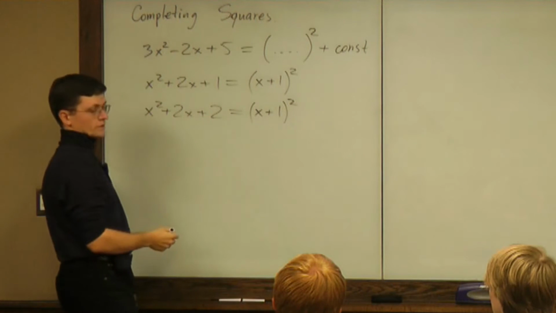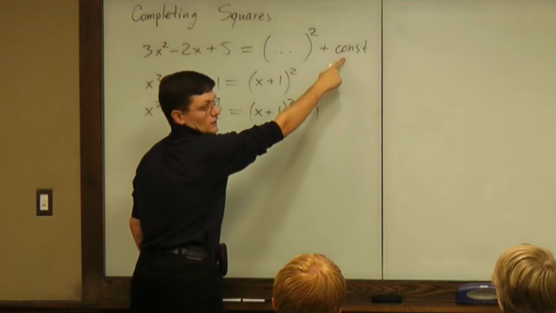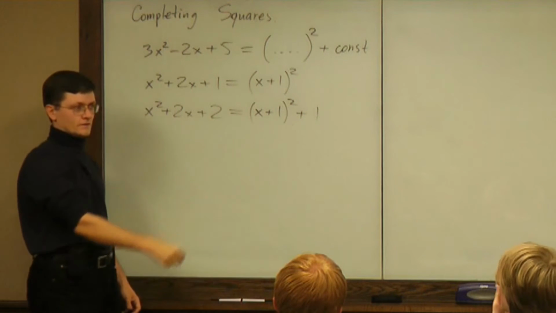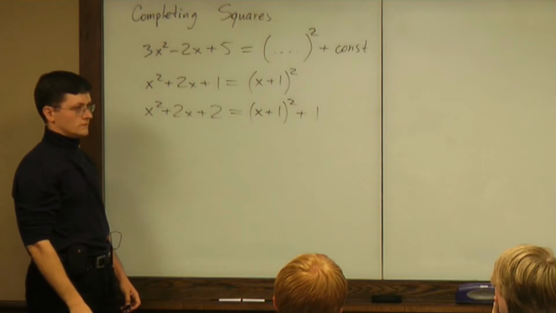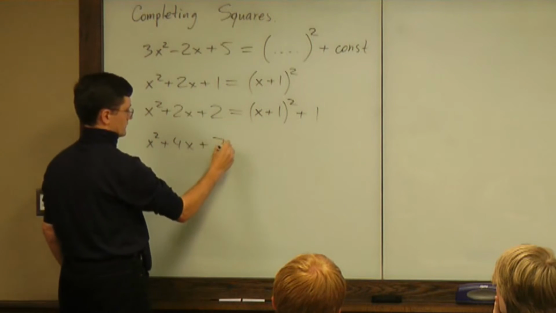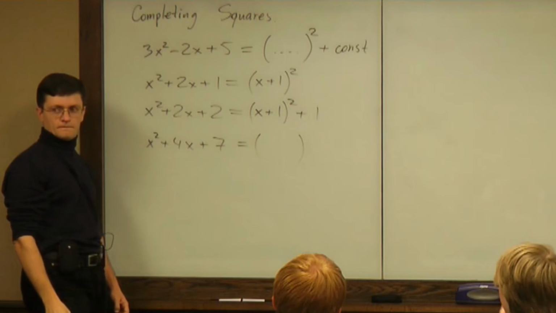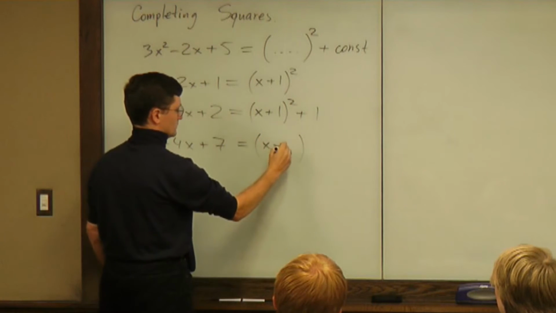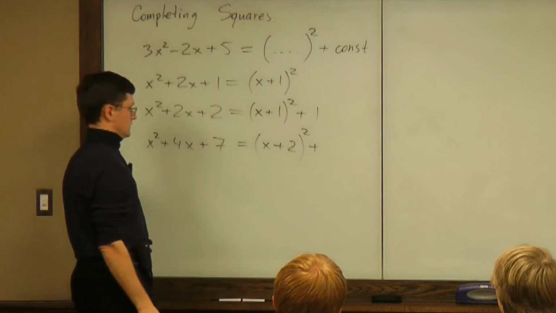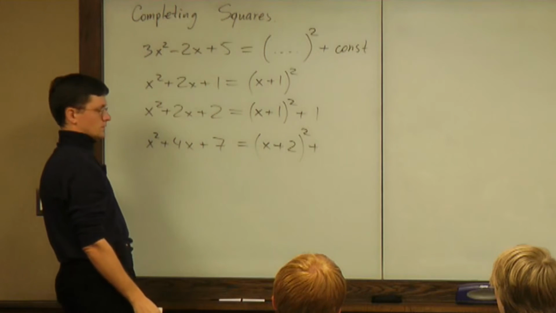It's x plus 1 squared, but not exactly, right? I allow that constant to hang around. Alright, so, okay. x squared plus 4x plus 7. Can you do that? x plus 2 squared plus or minus what? Plus 3.